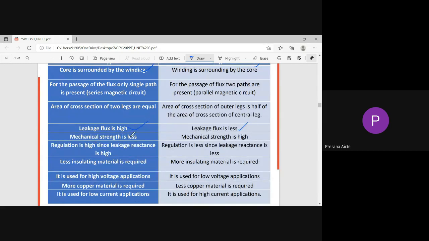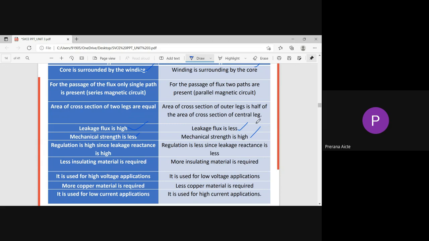Mechanical strength is less in the core type transformer. In the shell type transformer mechanical strength is high, because the winding is surrounded by the core. For that reason the shell type transformer has more mechanical strength.